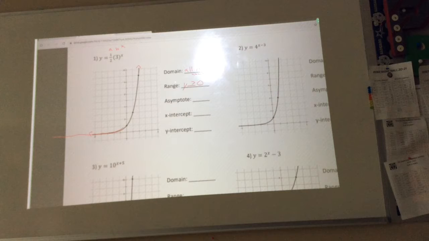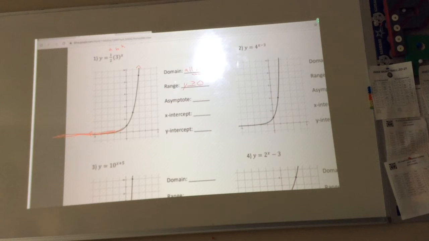All right, now we got this really funny word. It's called an asymptote. An asymptote, let's see if I can find the technical definition, is a line that a graph of a function gets closer to as x or y gets larger in absolute value. So your asymptote is how we actually describe this right here.